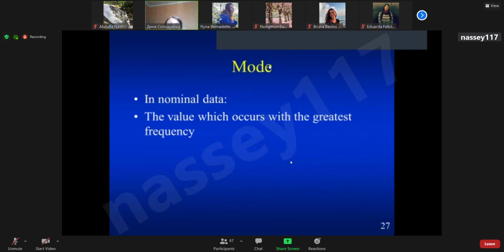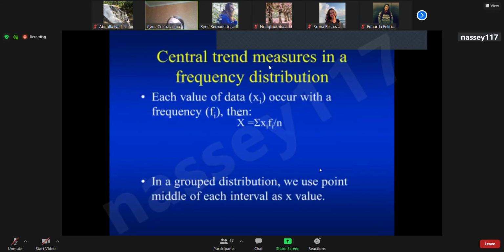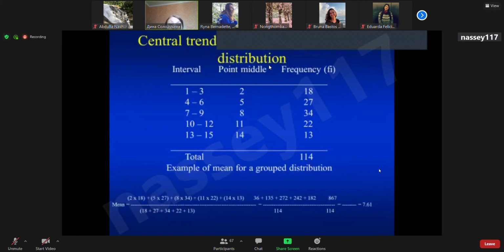And mode is calculated as the parameter with the greatest frequency, and we can calculate it in any kind of data, including nominal data. So central tendency is very important because we can find the middle parameters.